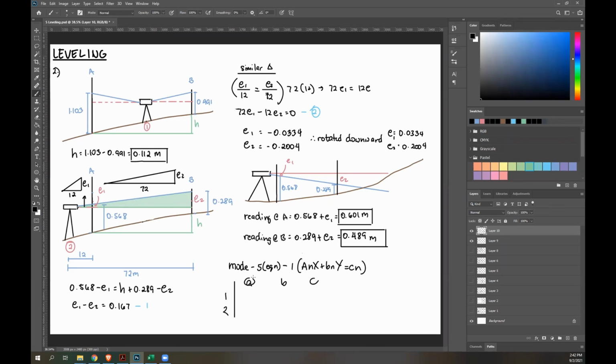A is the coefficient of your first variable, B is the coefficient of your second variable. So this is your equation 1: coefficient of first variable is 1, of second variable is -1, of third is 0.167. Here, this is 72, -12, 0. Press enter, you'll get E1, E2. So that's for your calculator. Try to study it to make solving faster. If you don't want to, you can just do it manually as well. Any other questions?